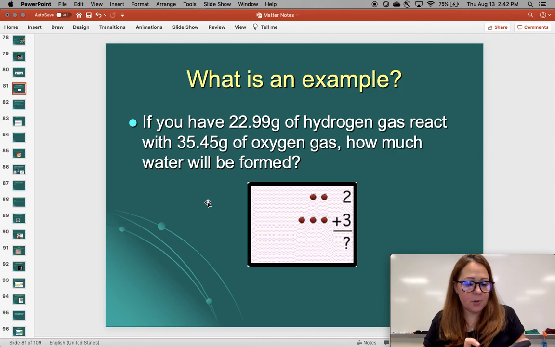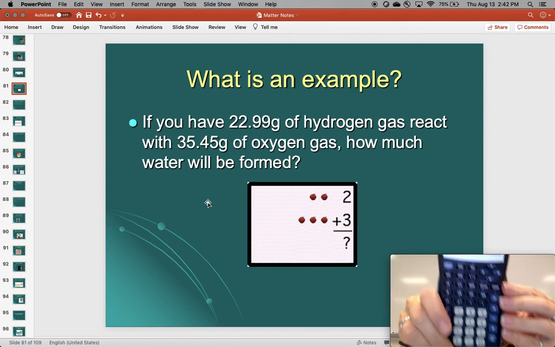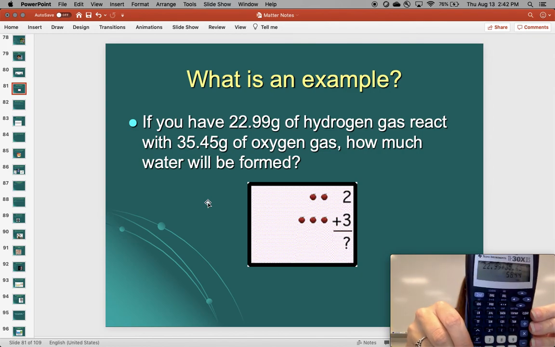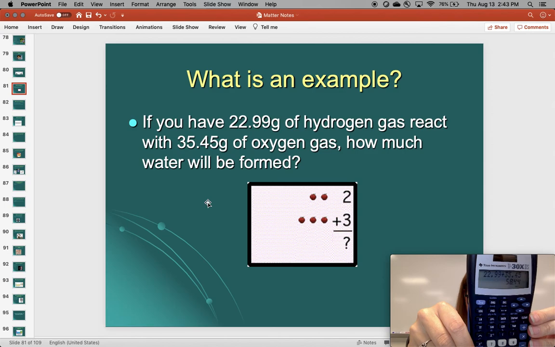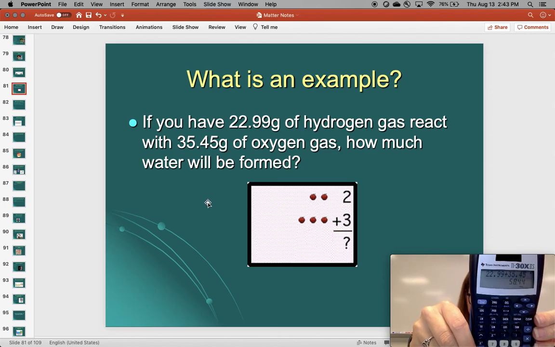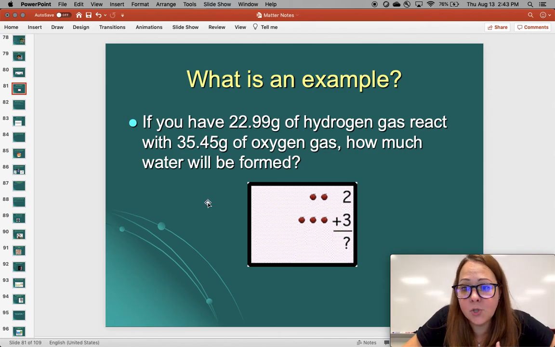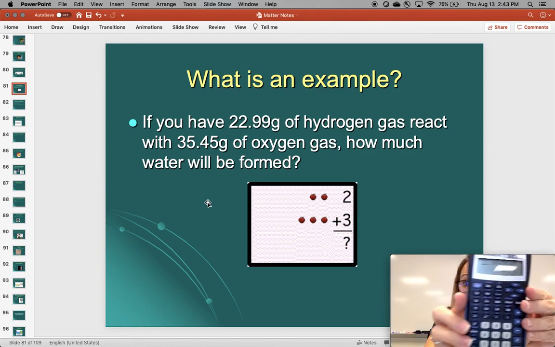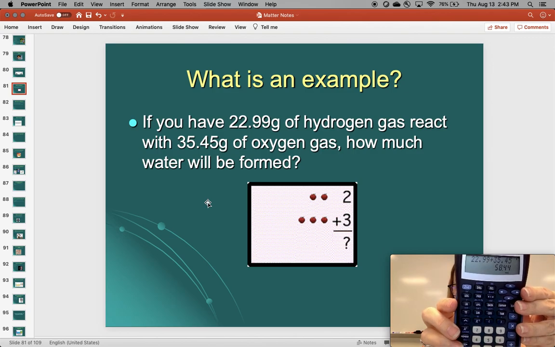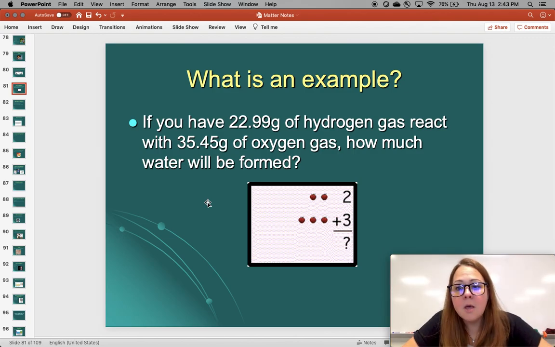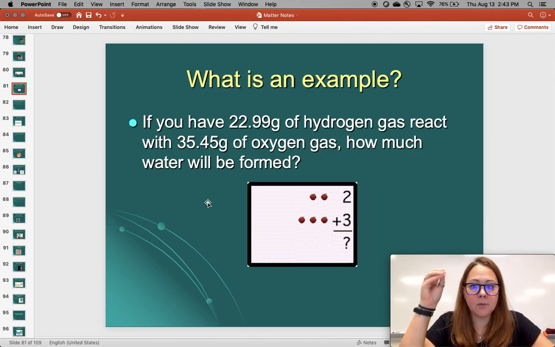So we take 22.99 plus 35.45, and that equals 58.44 grams. If we have 58.44 grams to start, when those two react together, you're going to make 58.44 grams of product. The mass of the reactants is always equal to the mass of the products.